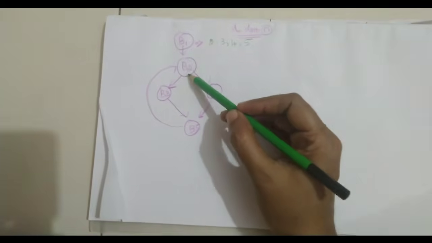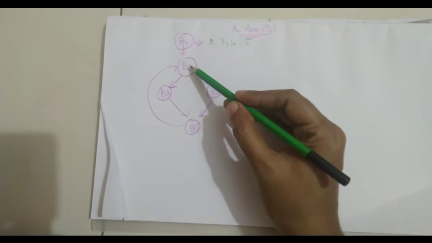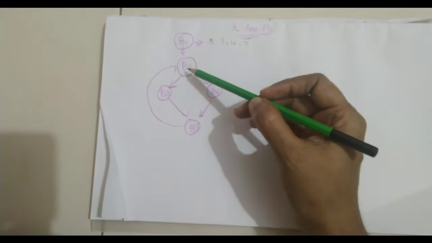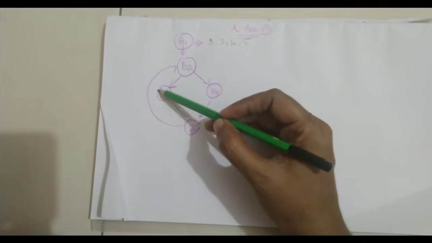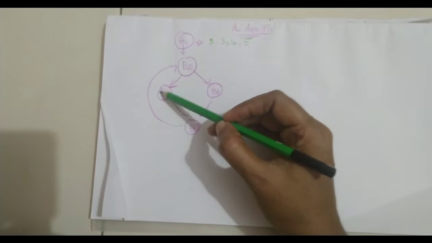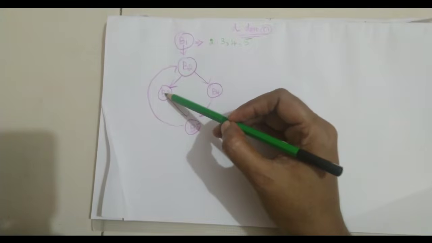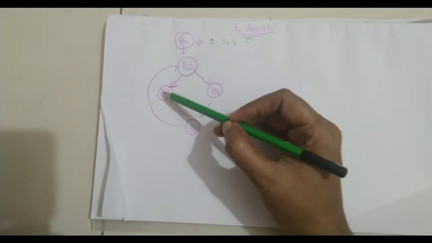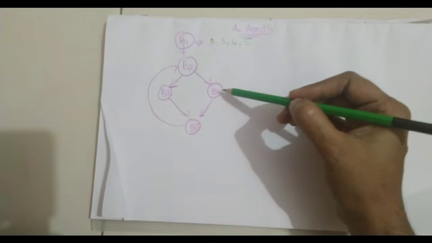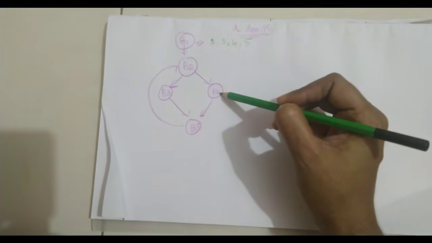Now let us see B2. What are all the nodes that B2 dominates? For entering B3 you have to go only through B2. Without entering B2 you cannot reach B3. So B2 is a dominator of B3, and for B4 also without B2 you cannot enter B4.